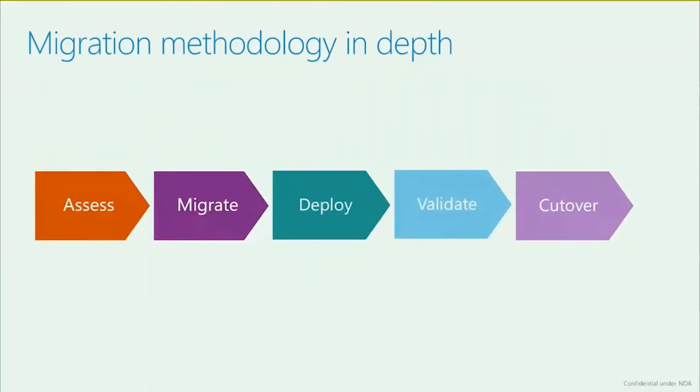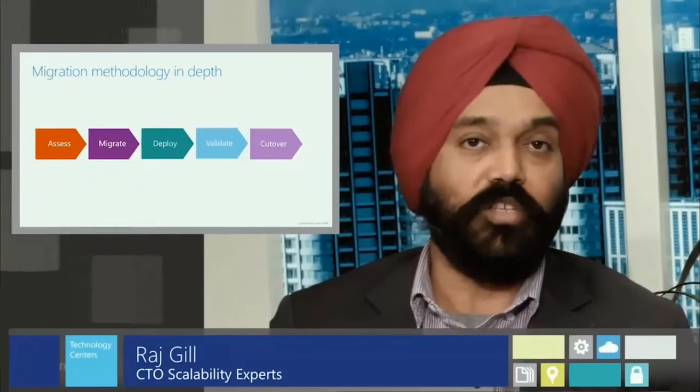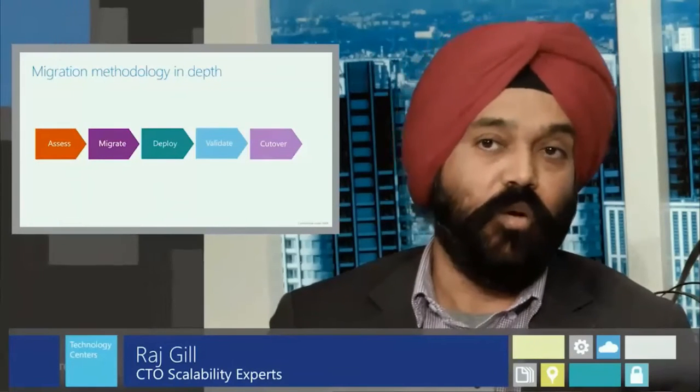And then the deployment of the SQL Server environment and migrating the customers from Oracle to that deployed environment. And then most importantly, making sure that the new environment is validated and tested properly to make sure that it's meeting all the SLAs and the performance requirements and the application requirements. And finally, doing the production cutover. So we're going to talk about these steps in more detail as we go. So let's just go into the first key step.